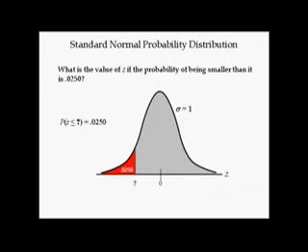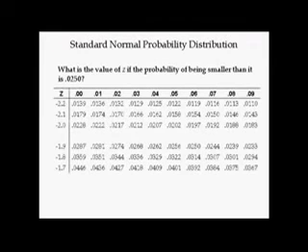Because we want to find the z-value that is associated with a lower tail probability of 0.0250, we shade the lower part of the distribution red and label this area 0.0250. If this said bigger, or this was greater than or equal to, we would have shaded the upper tail probability corresponding to 0.0250.